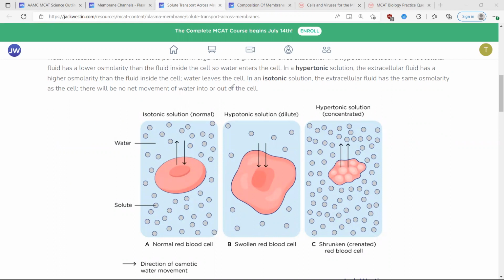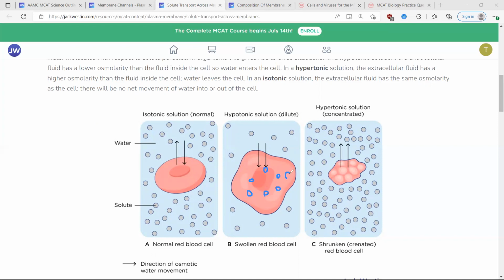So in this case, the water will go to wherever there's more solutes, these gray dots. So the water is inside the cell right now, right? They're not showing you, but there's more dots inside the cell compared to the outside here.